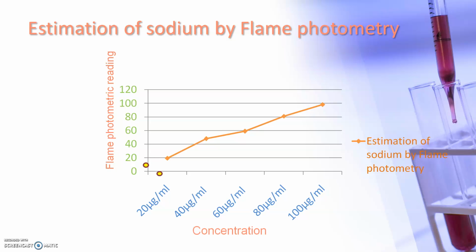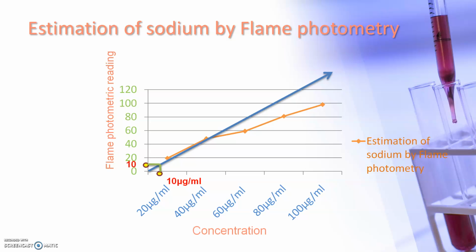The x-axis is the concentration, the y-axis is the flame photometric reading, and it will form this type of curve. Then we draw the line between the points, passing through the origin, and afterward we extrapolate to find the value of the flame photometric reading for the 10 microgram per ml. So this will give the unknown concentration by the calibration curve.